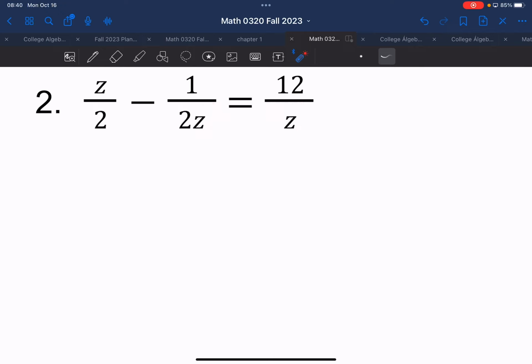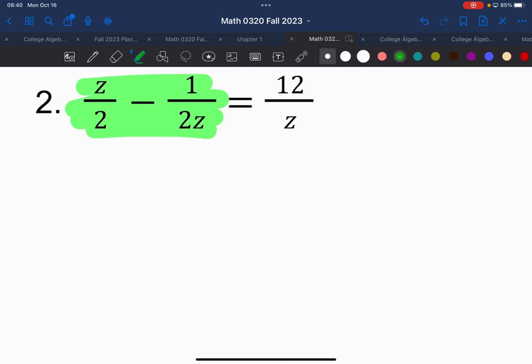Okay. But before we do that, we are going to look at only the left side. So this side here, and we're going to get a common denominator. So looking at the denominators 2 and 2z, what would be the common denominator? 2z.